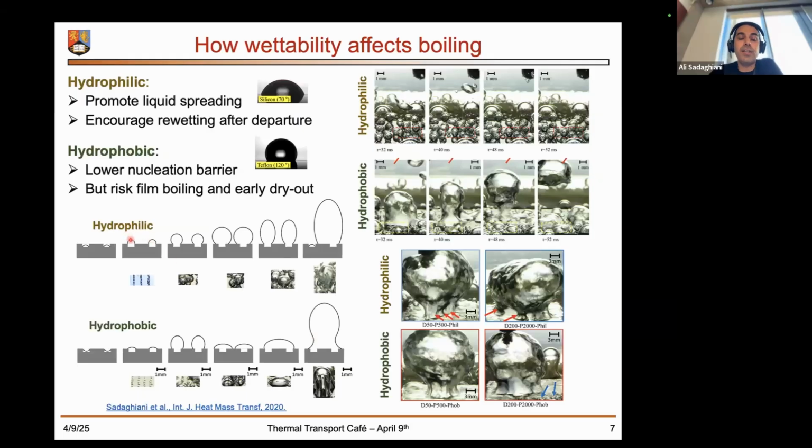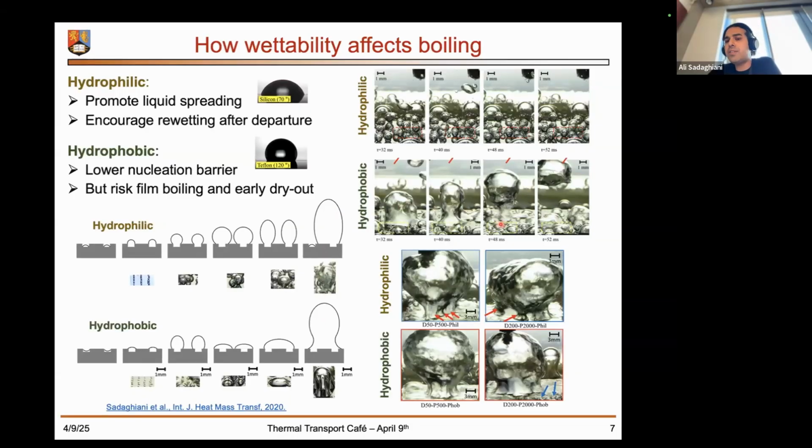On the other hand, on hydrophilic surfaces, what we observe is a delay in nucleation, and then the bubbles form in a more perpendicular shape than on the hydrophobic surfaces, and we have coalescence less often than on the hydrophobic spots.